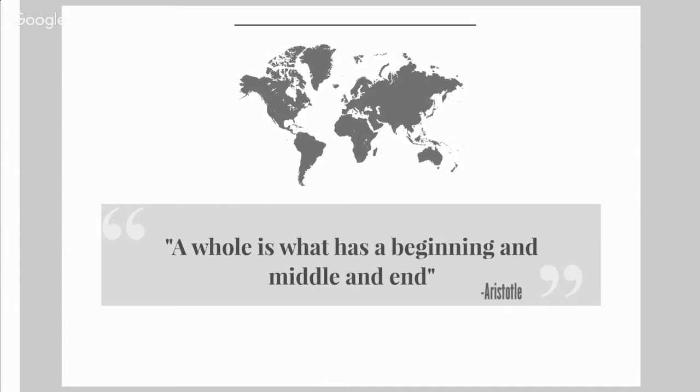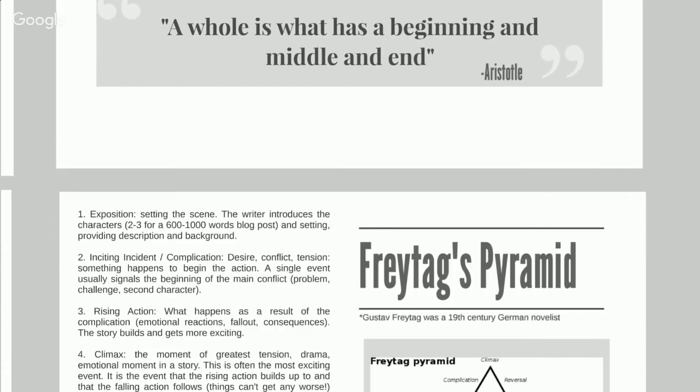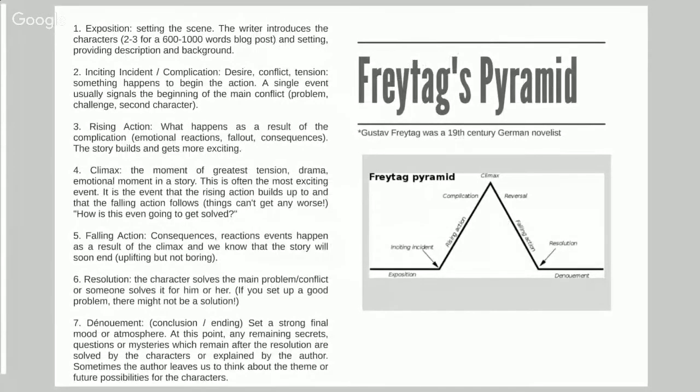Something is missing, or they might have two of the three, or everything might seem like an endless beginning. I think these are the worst, when there's a constant blah blah blah without actually getting to a point. So this is something you have to take into consideration.